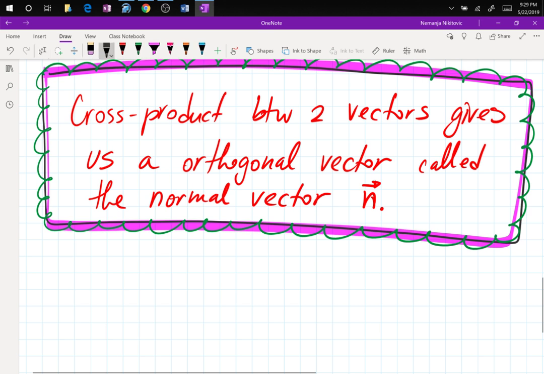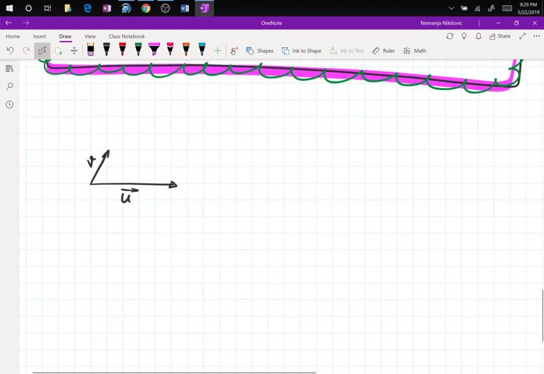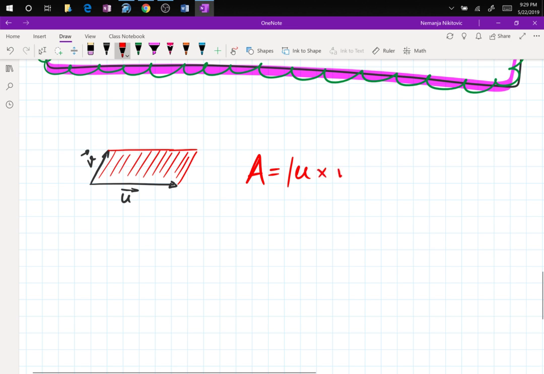So if I have a vector u and a vector v, the shape is called a parallelogram, and the area is given as the absolute value of u cross v.